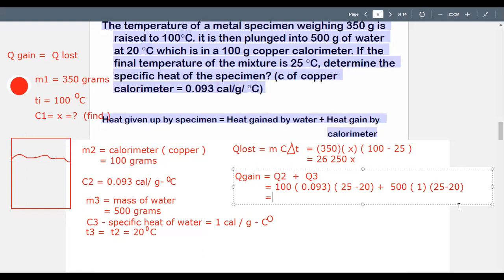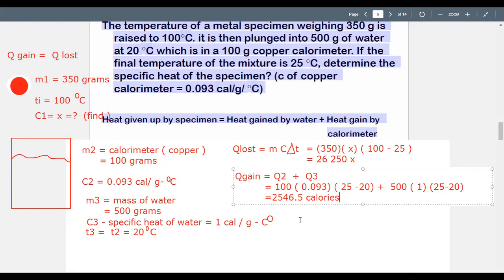Kindly check now if I'm right. So this is now in calories. This is the number of calories that our water and our calorimeter will receive.